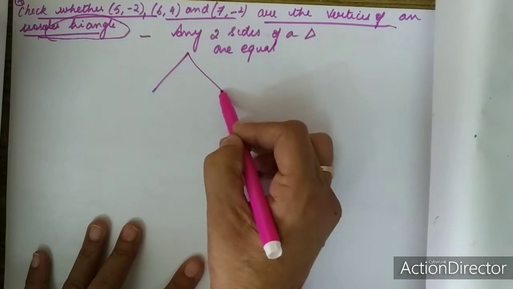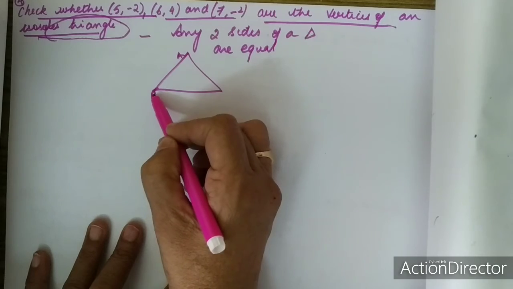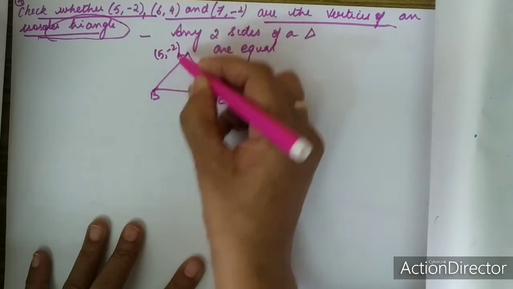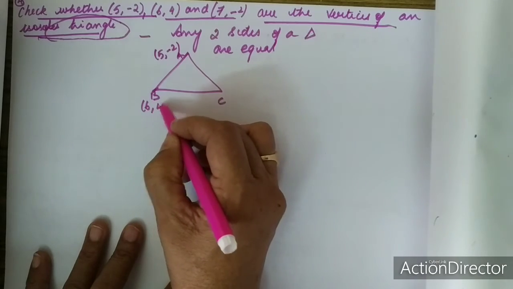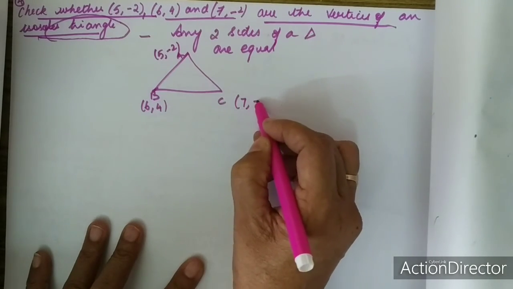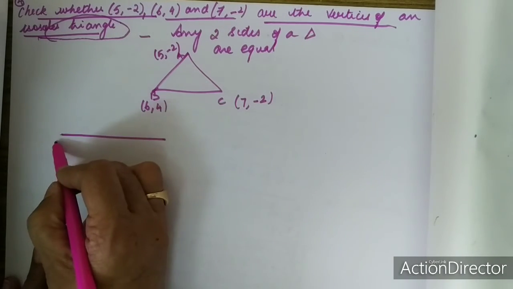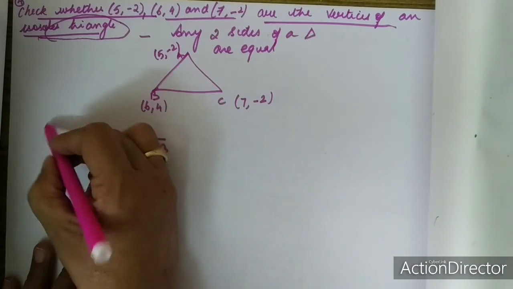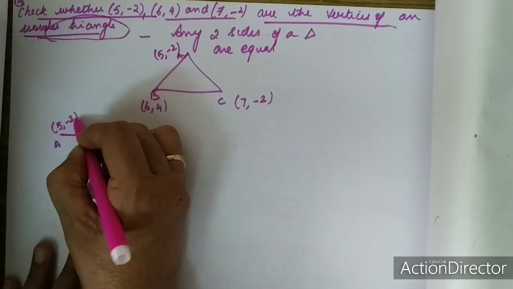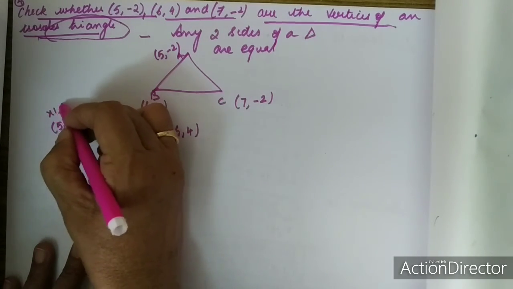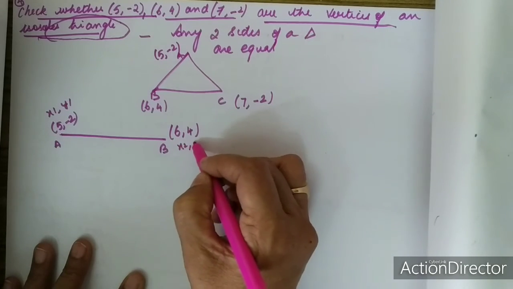First let us draw a triangle like this, A, B, C. Let A denote the coordinates (5, -2), B as (6, 4) and C as (7, -2). So first let us find the distance AB. A is (5, -2) and B is (6, 4). So this is (x1, y1) and this is (x2, y2).